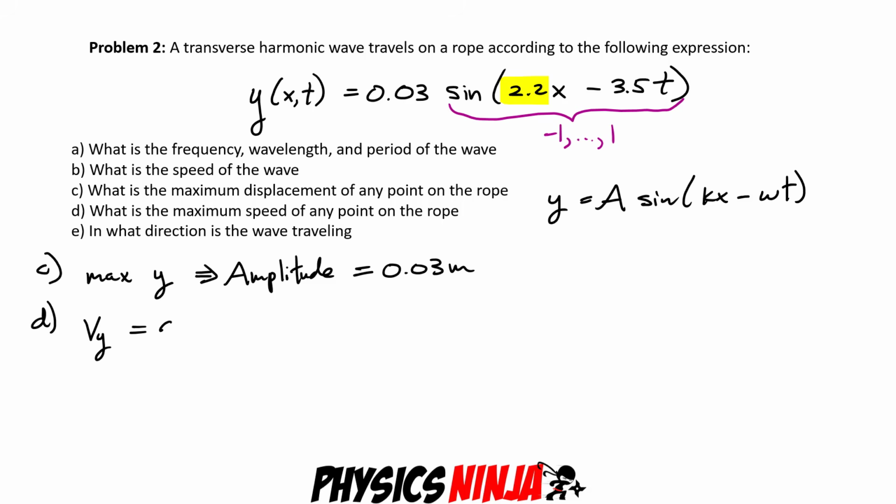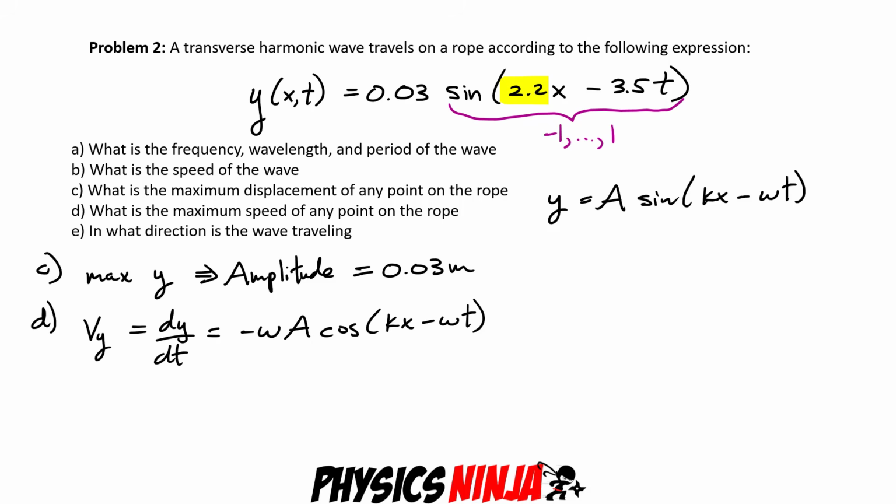If I take the derivative of that displacement with respect to time, you're going to have a minus omega that pops out. The sine converts to cos when you take the derivative with respect to time, and you're left with simply this. You're simply using the chain rule here in order to find that velocity.